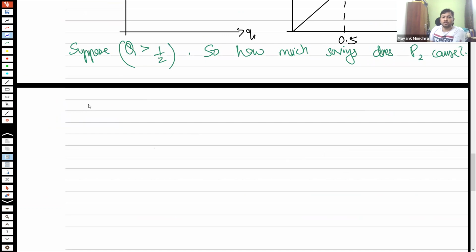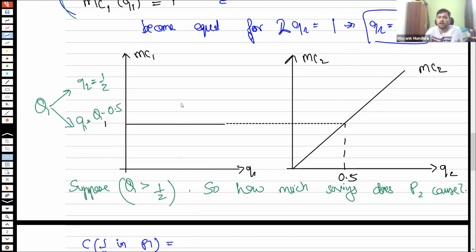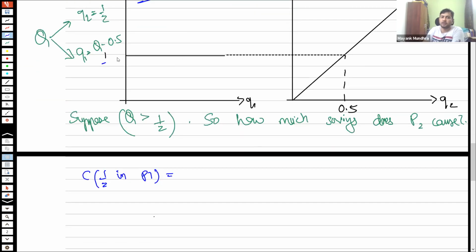So the cost of producing this half unit in plant 1, since the marginal cost of plant 1 is fixed at 1, will be 1 into half, which equals half. So this would have been the cost of producing this half unit in plant 1.